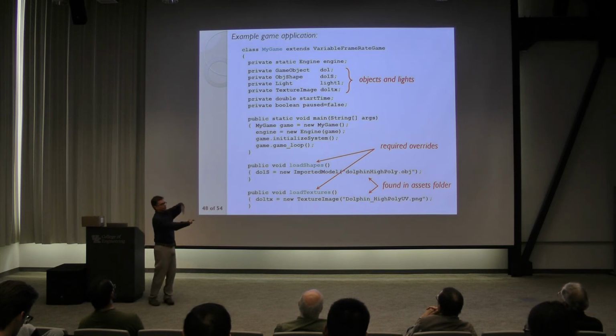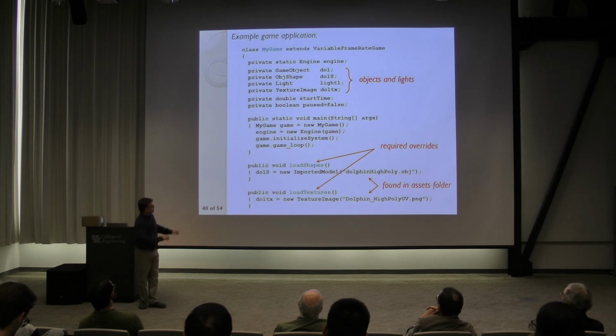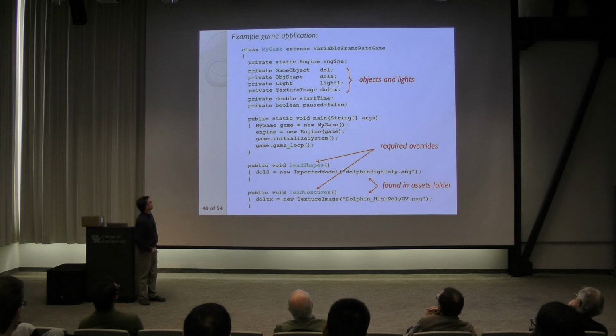Now, suppose you finished making TAGE, made the game engine, how would the end programmer actually use it to make a game? Here's a hello world in TAGE. You make a game that extends VariableFrameRateGame. You make game objects, shapes, lights, and textures for whatever you want to put in your game.